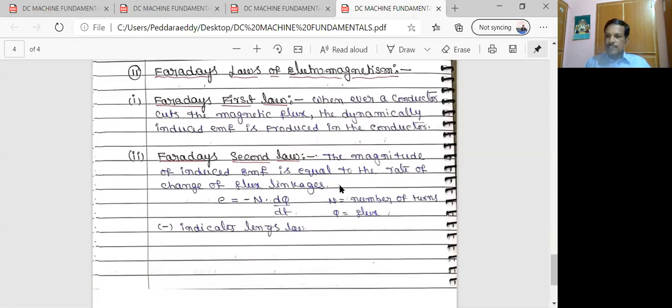E equals minus N d phi by dt, where d phi by dt is the rate of change of flux linkages, N is the number of turns, and phi is the flux. Here the minus sign indicates Lenz's law.